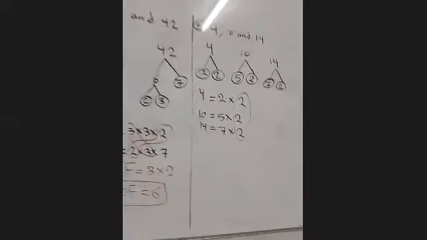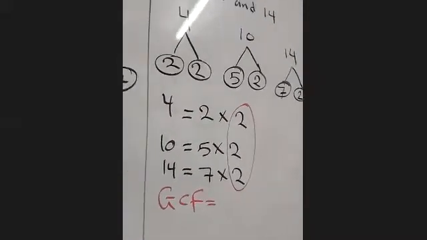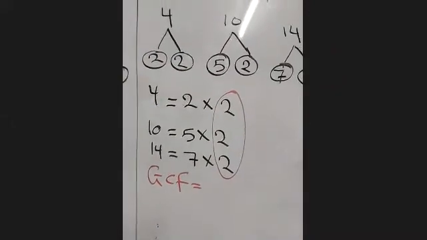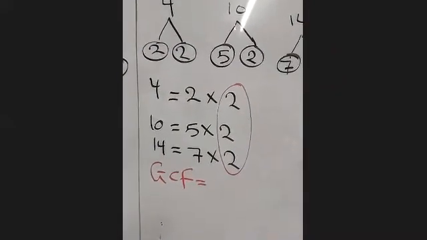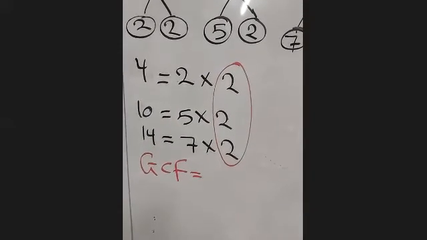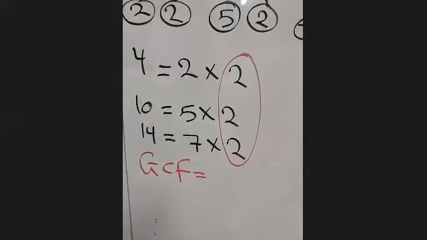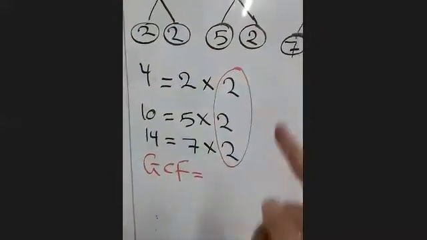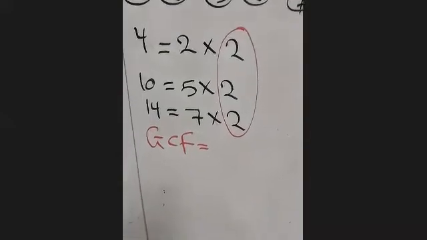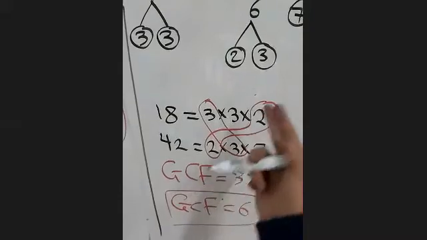Do we have other common? No. So the greatest common factor, we said that from each group we take one number. How many groups do we have in common? Here we have 2 groups of common.